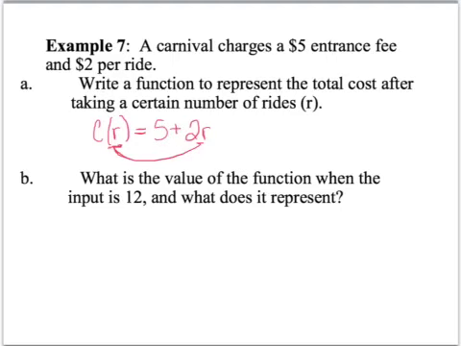I'm using r. Okay, b, what is the value of the function when I input 12? And then what does it represent? So let's do the first part. First of all, I just want to know what is c of 12. Alright, so I am evaluating my function. I have 5 plus 2 times 12. And that's going to be 24 plus 5. So I have 29. Now, what does that r represent in our function? If you're saying that r represented the number of rides you were on, you would be correct.